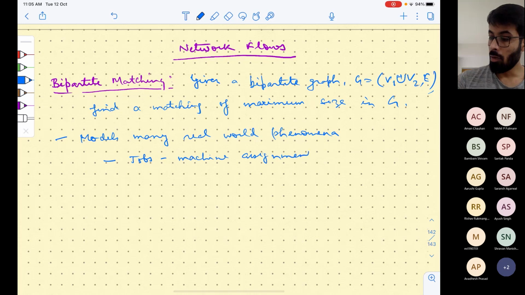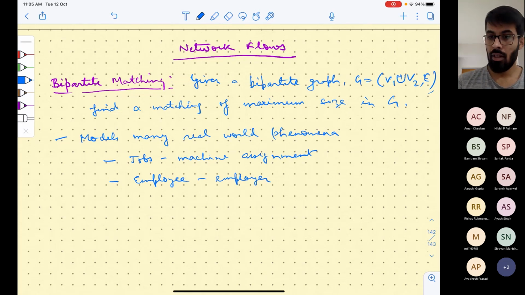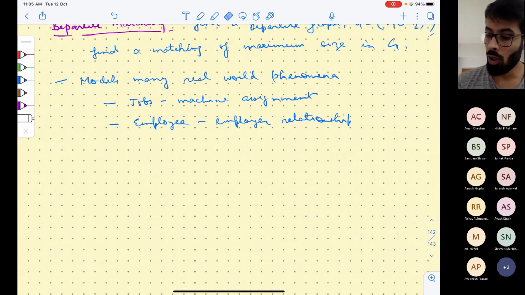So you have a bipartite graph where one side is the jobs, the other side is the machines, and you want to find a matching. You have some employee-employer relationships, and you want to maximize the maximum number of employees that can be there, and so on.